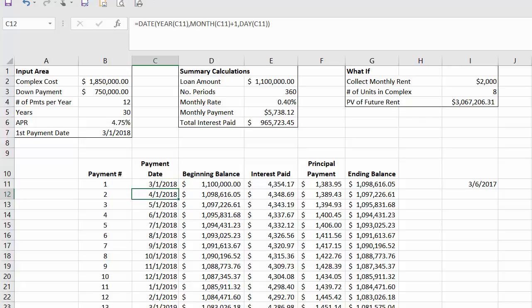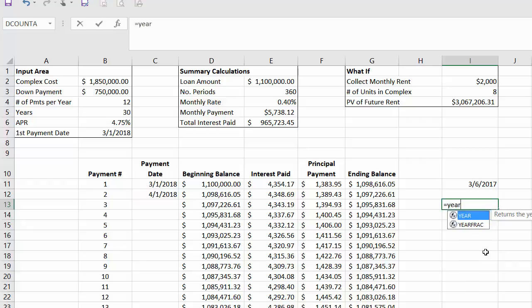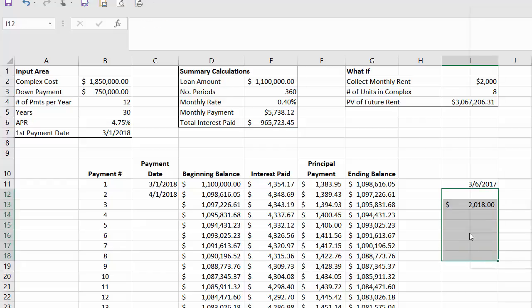So what we've done, I'll just go ahead and delete all that, is we use the date function, but then we nest all of these. So if we were to do equals year for this value, we'd say return that.